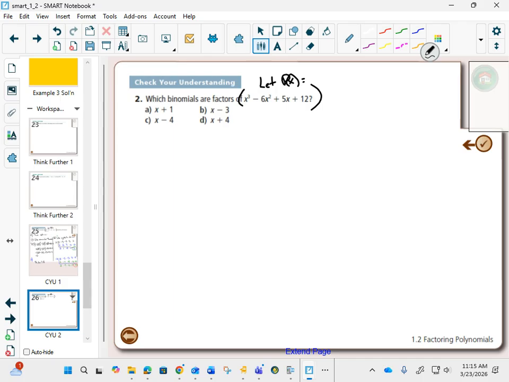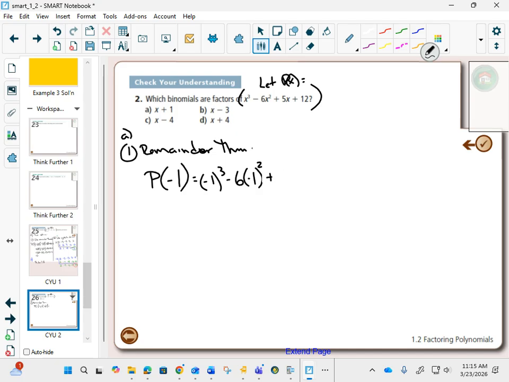If I want to use the remainder theorem for A, I would plug in -1 in for x, and then this mental math is not very difficult at all.